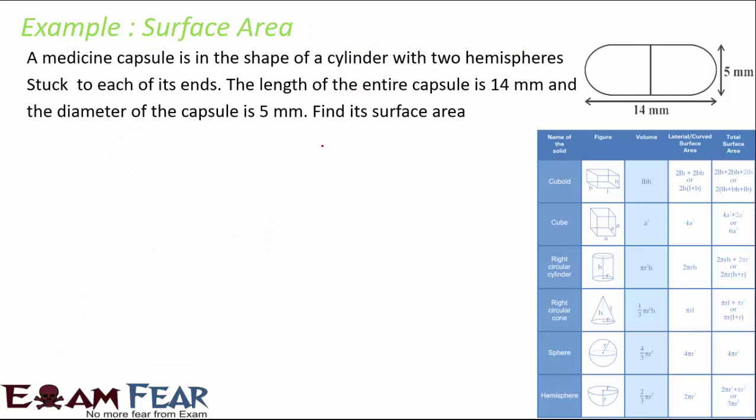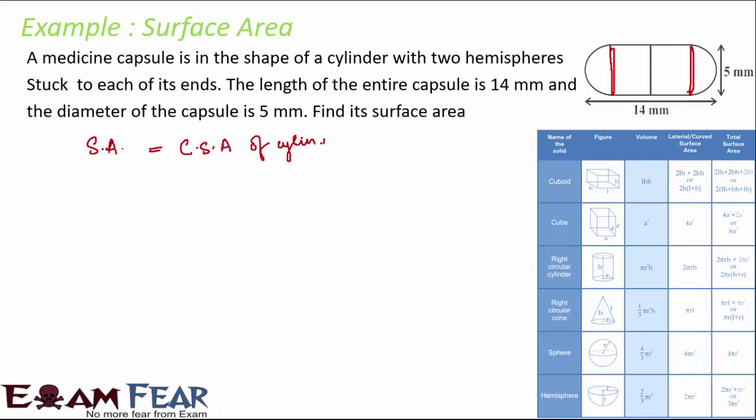So the first question is, a medicine capsule is in the shape of a cylinder with two hemispheres stuck to each of its ends. The length of the entire capsule is 14 mm and the diameter of the capsule is 5 mm. Find its surface area. So remember, here you have to find its surface area. So what would be the surface area in this case? It will be the curved surface area of the cylinder, because you have a cylinder like this, and not the total surface area.